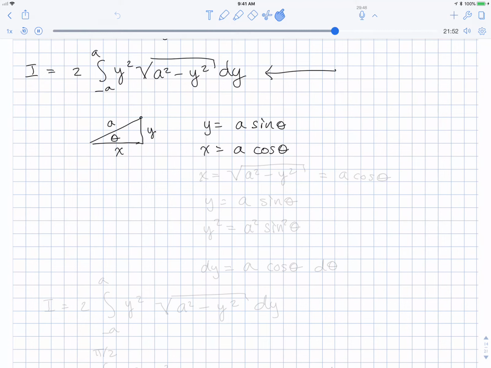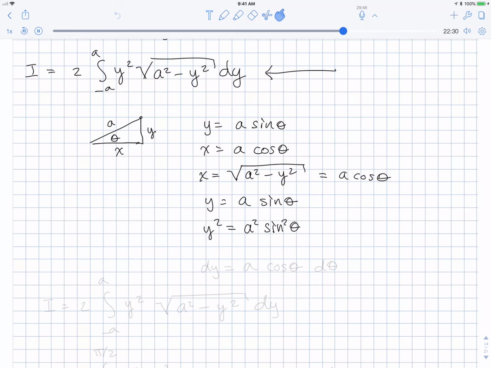But x, by Pythagoras' theorem, is also square root of a squared minus y squared, right? Because x squared plus y squared equals a squared. Solve for x, you get that. So what we get is that square root of a squared minus y squared is a cos theta, and we have y equals a sine theta, and so y squared equals a squared sine squared theta.